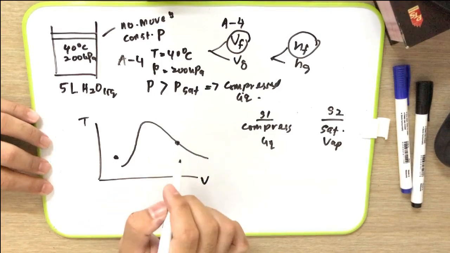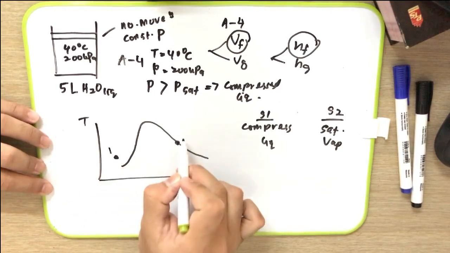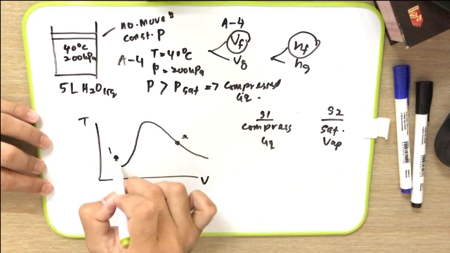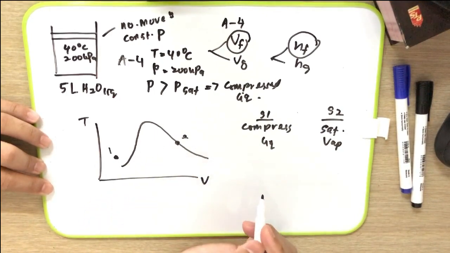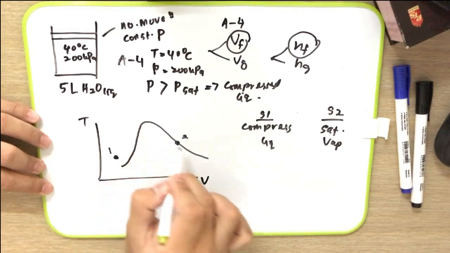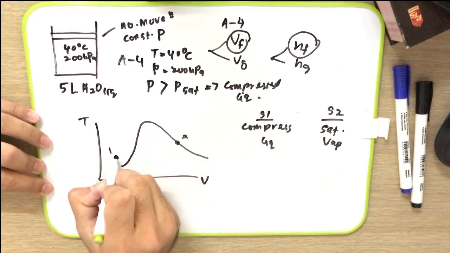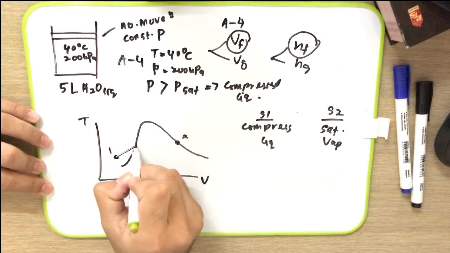But in order to reach from point 1 to point 2, which is state 1 to state 2, you cannot go directly like this. You cannot, because we have this saturation line, so we will come like this.